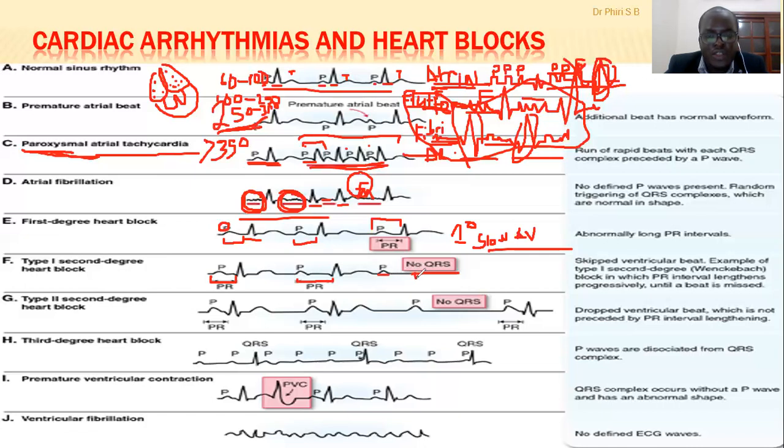You have this missing QRS complex here, but there's progressive elongation of the PR interval. So this becomes Mobitz type 1. It is second degree because there's a missing wave. Whenever you see a missing QRS complex, it's a second degree. But if you have prolongation of the PR interval, then it's Mobitz type 1, which is also called Wenckebach.